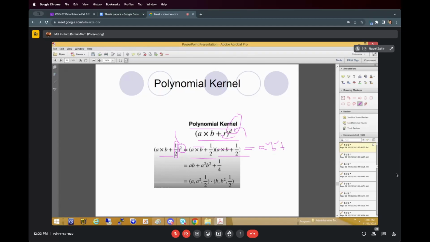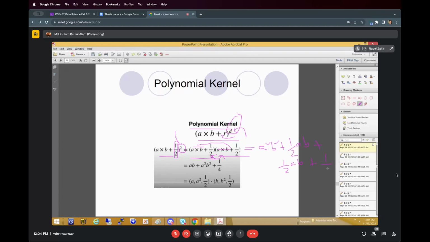plus a times b and the half, so we can write half ab, plus the half and the ab, so half ab again, then plus half times half, that means 1 by 4.